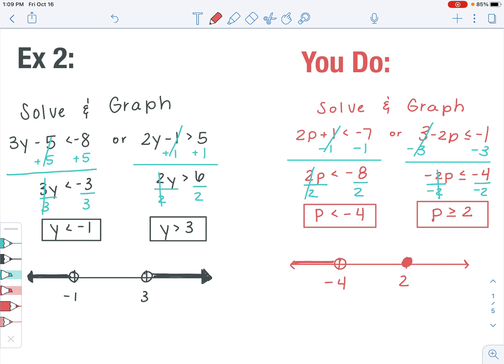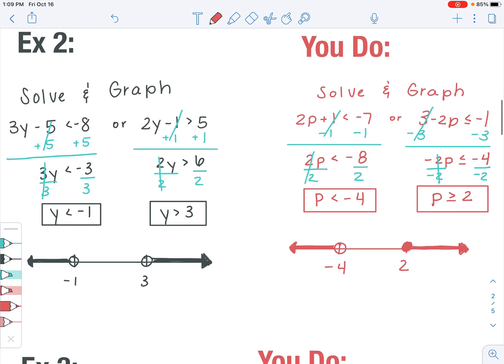I want p to go this way to the left. And I want p to be greater than or equal to 2. So I'm going to the right. Once I have my graph, I'm all done.